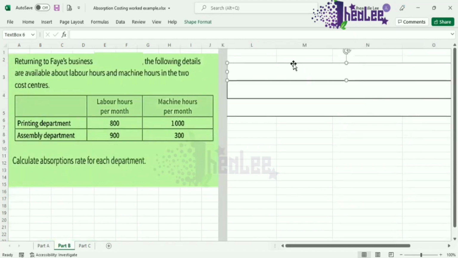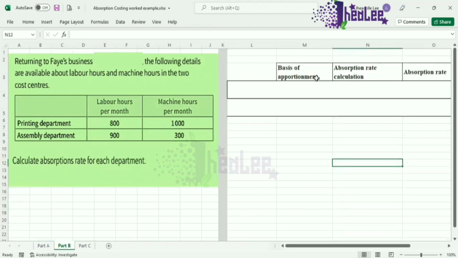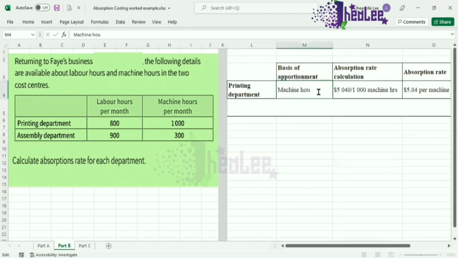We are using a table, and the columns are basis of apportionment, absorption rate calculation, and absorption rate, which would be our final figure. We're beginning with the printing department, and the basis of apportionment, which was indicated earlier, is machine hours. So let me put machine hours right there.